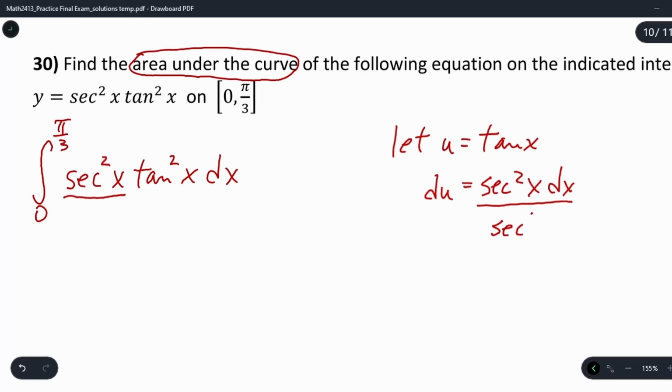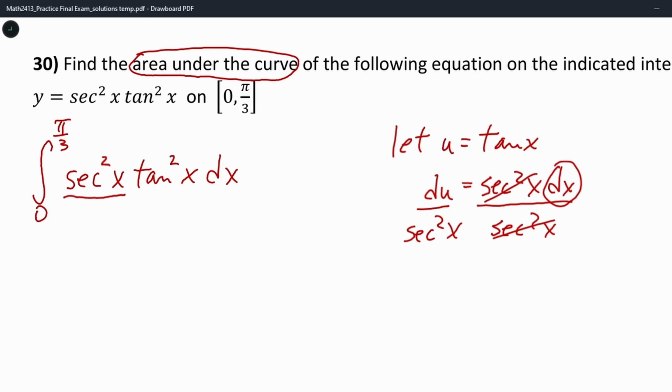Dividing both sides by secant squared x is going to tell us what we need to replace dx with. Now, notice that we did say to let u be just tangent of x. Over here we have tangent squared x. So if I do my u substitution, that's going to become simply u squared.